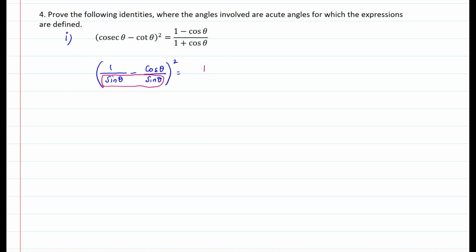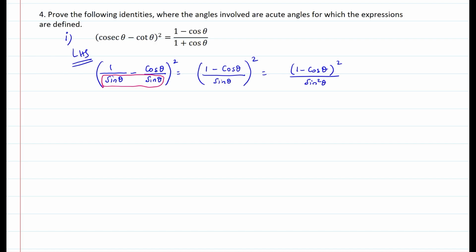So 1 minus cos theta divided by sine theta, the whole square. You're actually taking the left hand side. Then this can be further written as 1 minus cos theta, the whole square, divided by sine square theta.